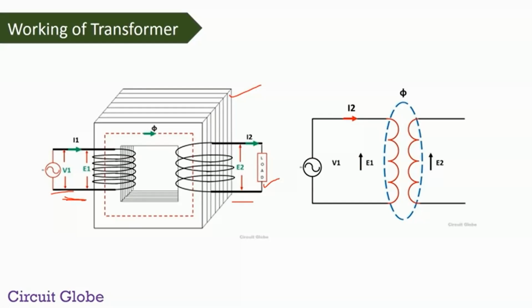Here what happens is, when we give the alternating supply to the primary winding, an alternating current starts flowing through that winding. Because of this current, flux is induced in the winding. This flux induces an EMF in the winding. Now how does this flux induce the EMF in the winding? This happens because of the self-induction phenomenon.